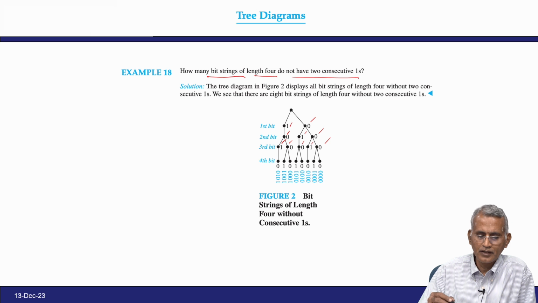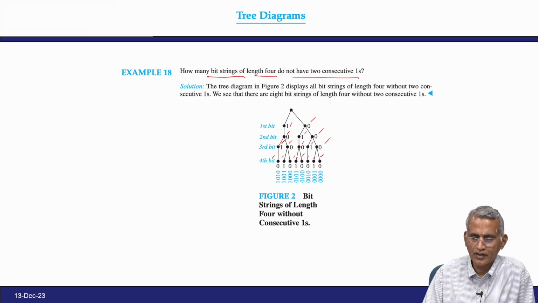And for the fourth bit, a 1 can be followed only by 0, while a 0 can be followed by 1 or 0. Because if 0 comes, 1 or 0 can follow, but when 1 comes, another 1 does not come. Since 2 consecutive ones are not allowed, only then can we have this tree.